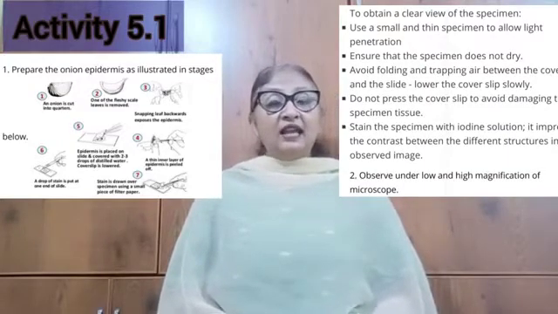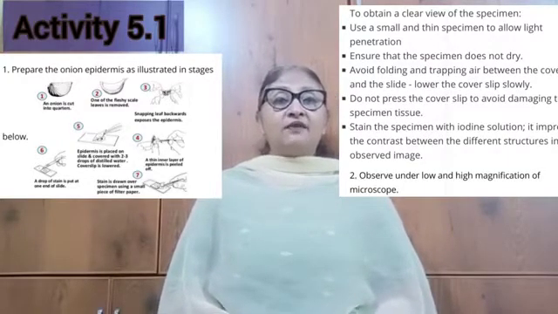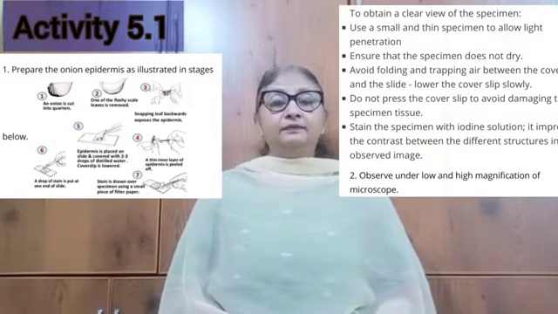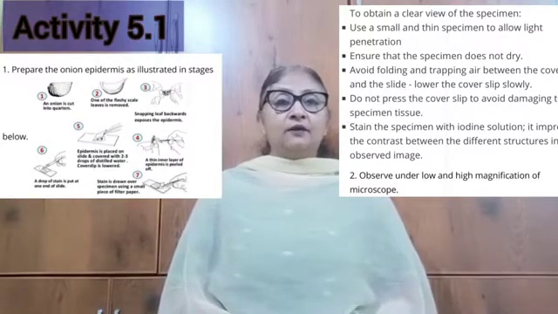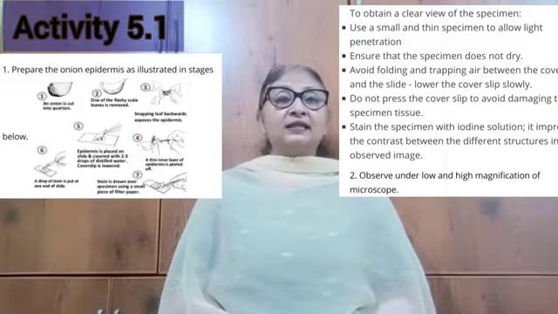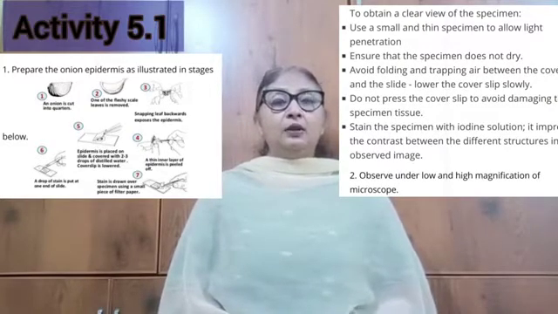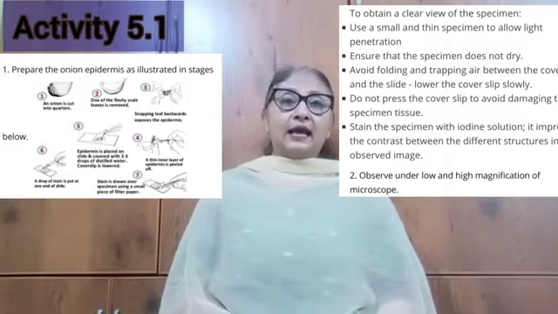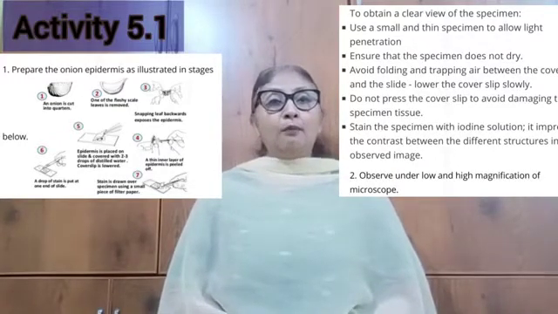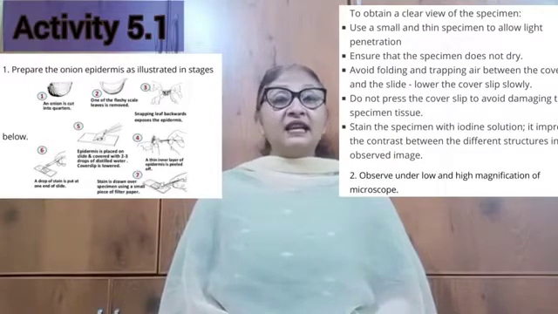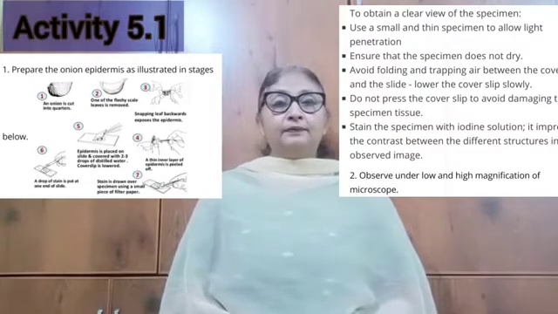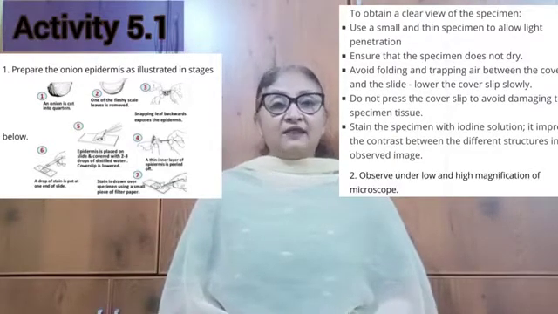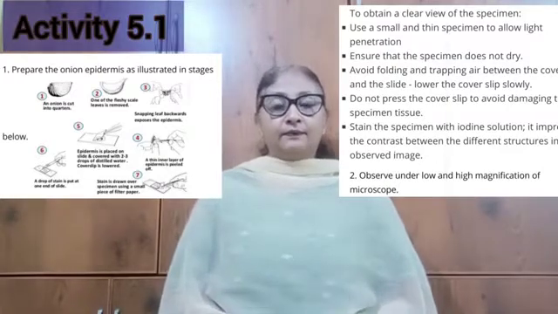We need to stain it with a few drops of safranin. Then, using a brush, we have to transfer this peel to the center of a clean glass slide. Then, pour a few drops of glycerin over it. Place a cover slip and view it.